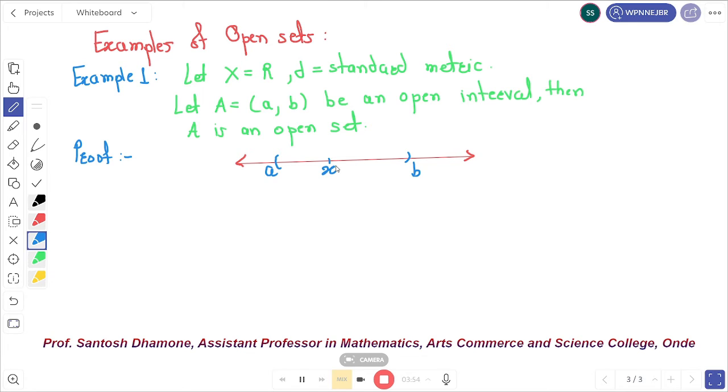Open ball about x with radius r is equal to the open interval (x minus r, x plus r).